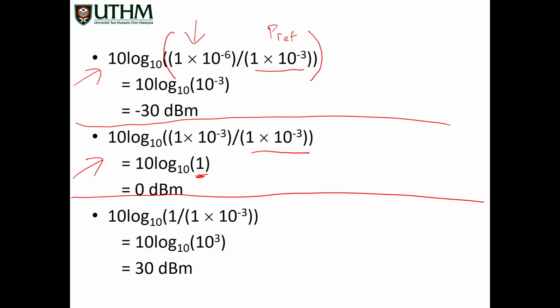Okay, the third question, 10 log 1 watt. You want to convert into dBm, so you need to divide with the reference value 1 milli. So 1 divide with 1 milli, you get 1000. So 10 log 1000, you get 30, but the unit is in terms of dBm.